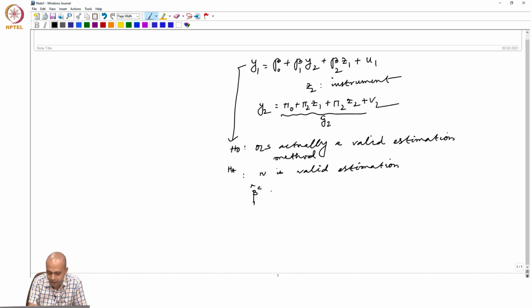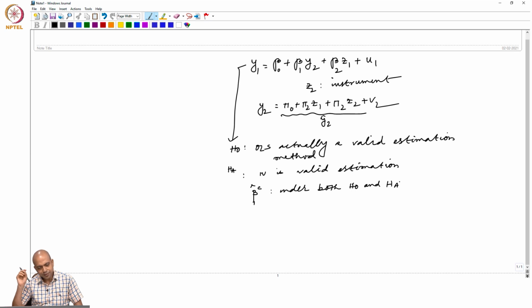So, beta 1 hat is consistent under both H naught and H A. What we know is that if OLS is a valid estimation technique, that means there is no endogeneity in the model, then whether we apply OLS or IV, both the estimates would be consistent.